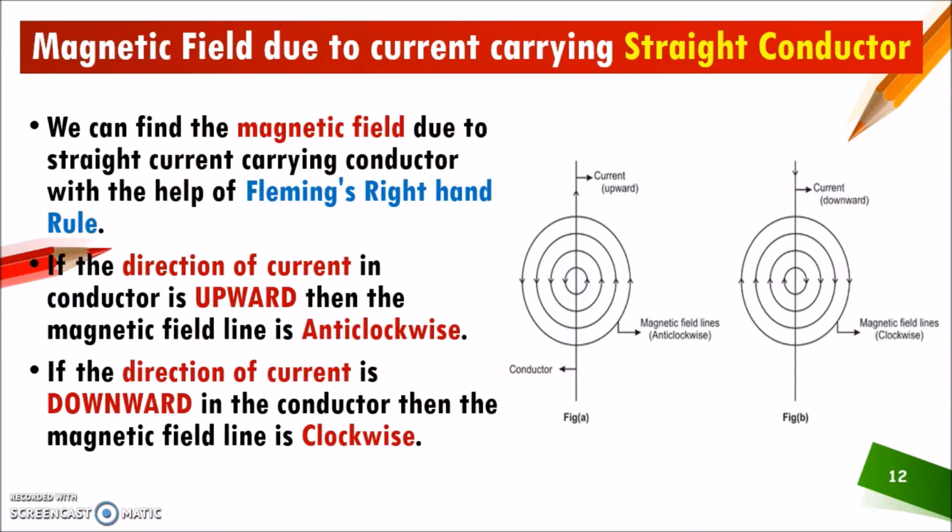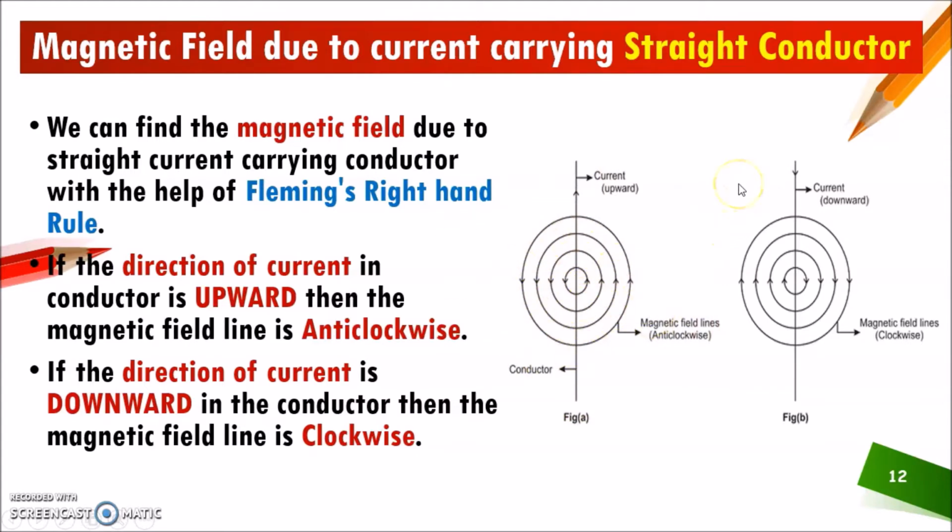Now, magnetic field due to a current carrying straight conductor. This is our straight conductor. We can say this is a normal wire, and this is the magnetic field.